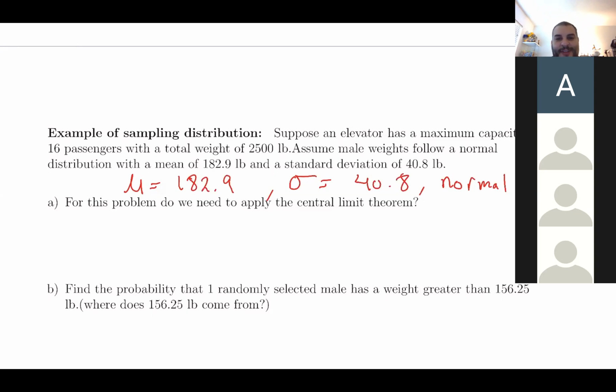So how do I know that this problem is a sampling distribution versus a binomial distribution? The binomial gives you the number, but the one that we're working on gives you an actual mean.